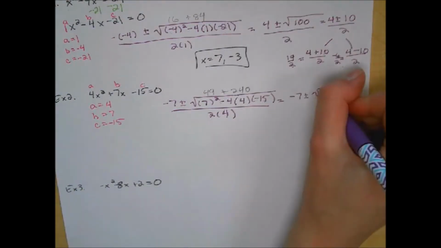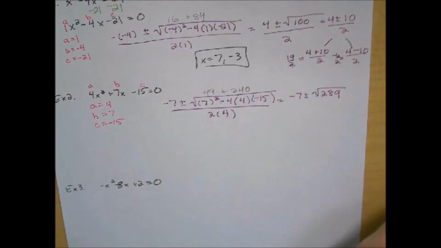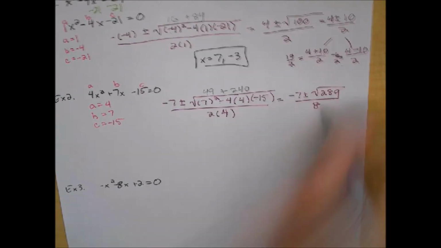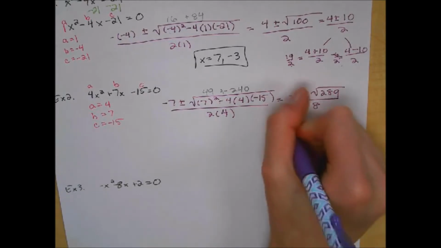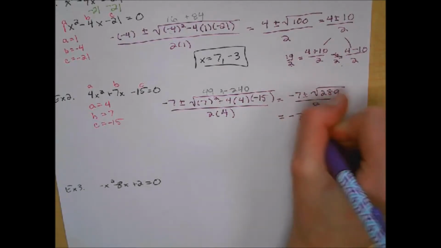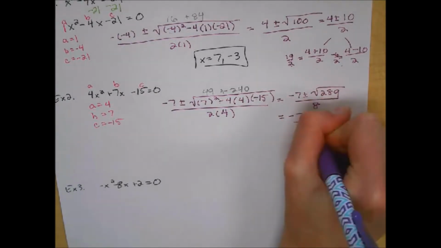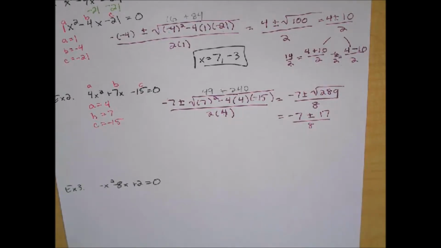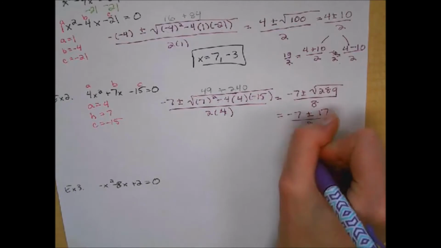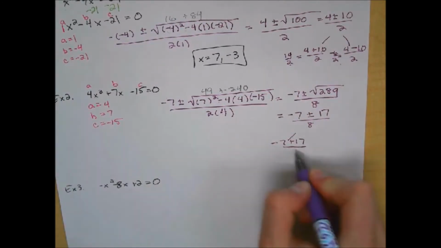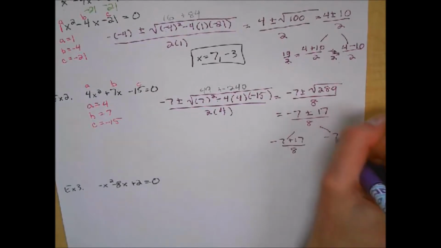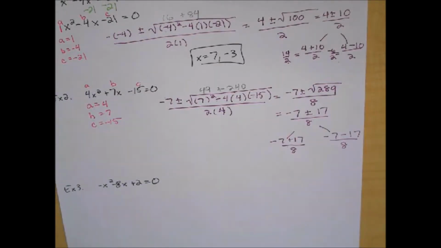That gives me 289 over 8. 289 is a perfect square. We get 17, and now we can split it into 2. Negative 7 plus 17 over 8. Negative 7 minus 17 over 8.